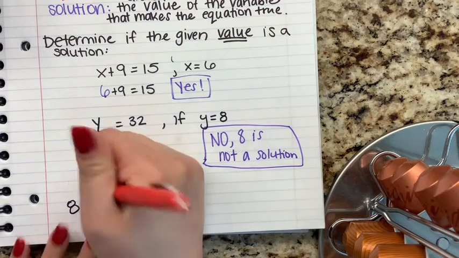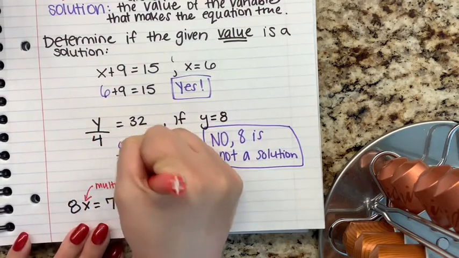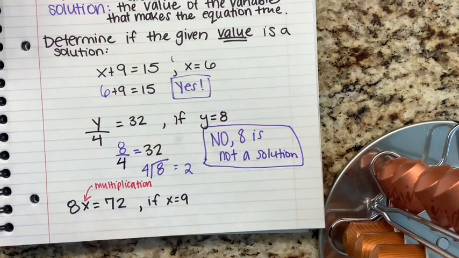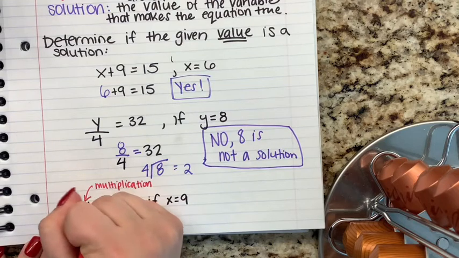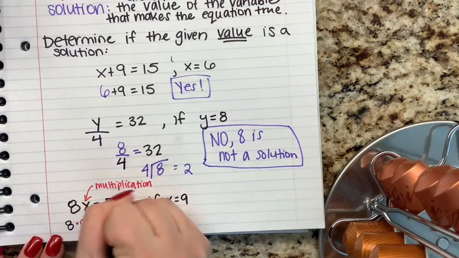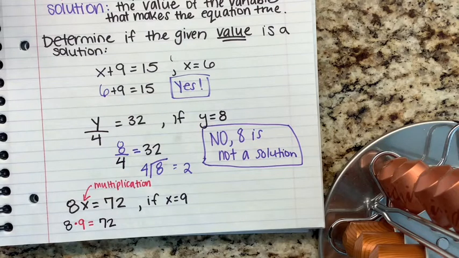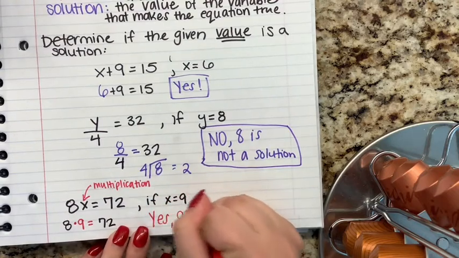That tells us multiplication. So we need to plug in our 9 for our x, so let's try it. 8 times 9 equals 72. Does 8 times 9 equal 72? Yes, it does. So therefore, 9 is a solution.